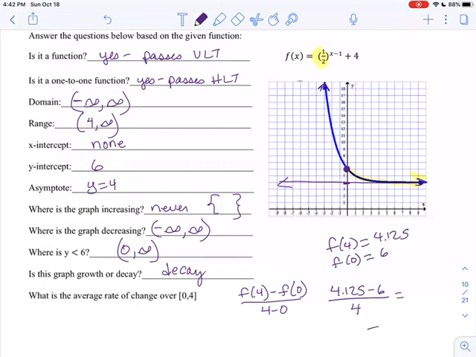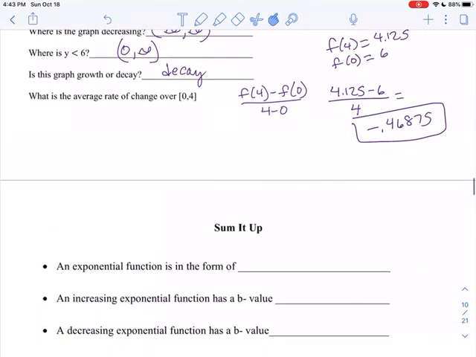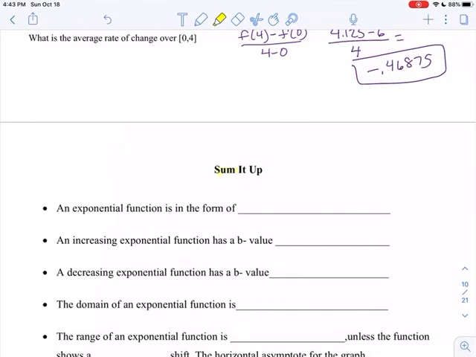So I'm doing 4.125 minus 6 over 4 minus 0, which is 4. And if I do that in my calculator, I get negative 0.46875. And that is my average rate of change over that interval, because this is not a linear function. So that changes depending on what interval you're talking about. All right. The next page, I have a little summary.